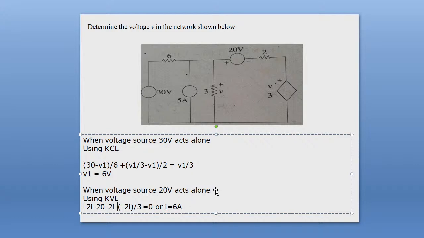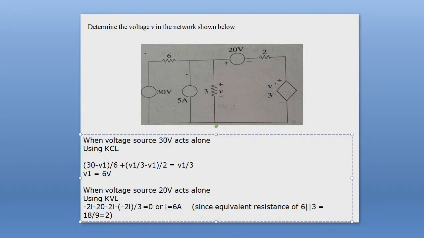One thing, the equivalent resistance of the parallel combination of 6 and 3 equals how much? 6 into 3, 18 by 9, that is 2. The 18 by 9 equals 2.